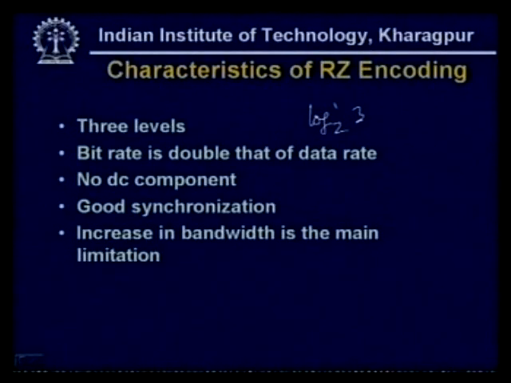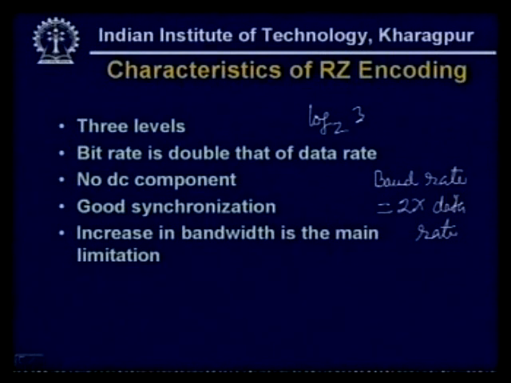That means the data rate is not increased, although it has the capability to have a higher information rate. However, the baud rate is double that of the data rate because of the number of transitions it is making. So it is not at all an efficient encoding. Here baud rate will be equal to 2 times the data rate, so this is definitely bad.